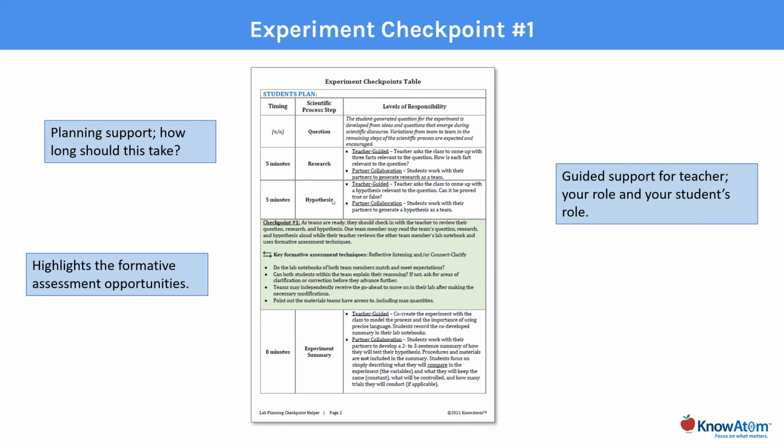Because they were partners at stage 2 and beyond, their question, research, and hypothesis should match, because lab partners need to have things matching. Different teams can have different research and hypotheses, but same-team partners cannot. So I would take one, and then I'd let the other student read it, and I would follow along, because that would give me space to notice things and to formulate a probing or clarifying question.